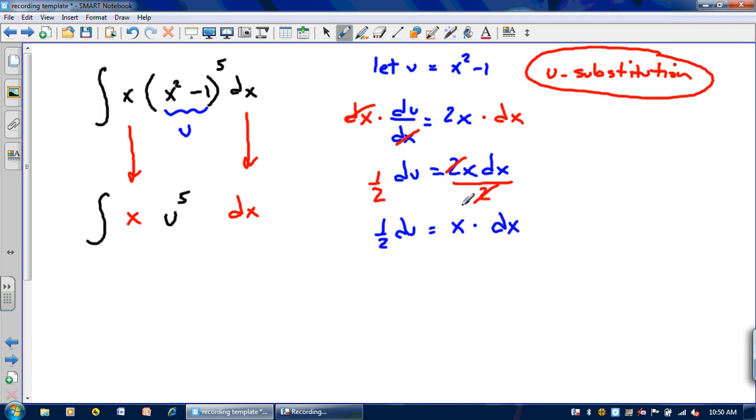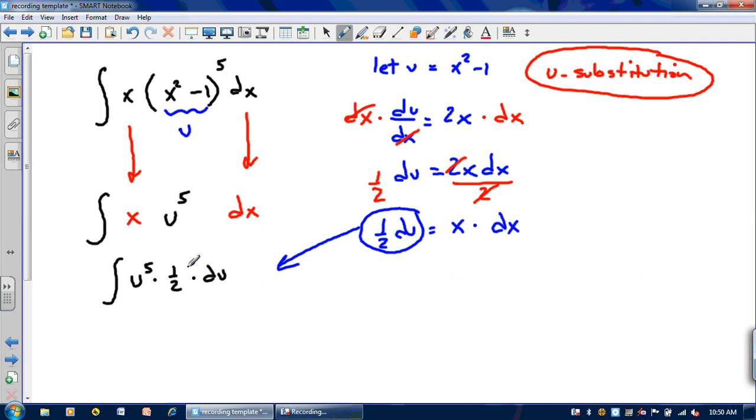Now this makes me happy because I'm looking for an exact replacement for x dx in my integral, and here it is. x dx is exactly equal to 1/2 du. So I'm going to stick this into my integral, and I'm going to take out x dx, and my integral has become the integral of u to the 5th times 1/2 du. Now all the x's are gone, and all that remains is u.